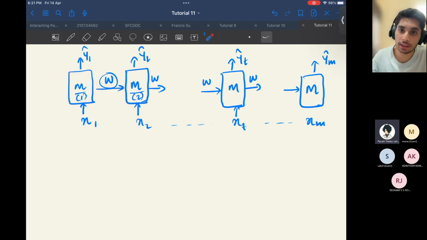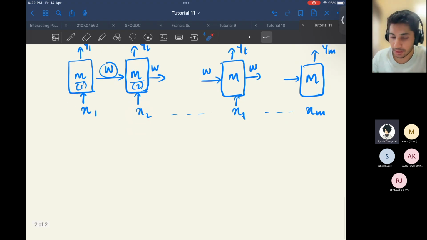I have reduced my problem of modeling a sequence of length m to just modeling two inputs, one from the previous block and one from the current time instant. This is the brief overview of how we are dealing with sequential data using neural networks.